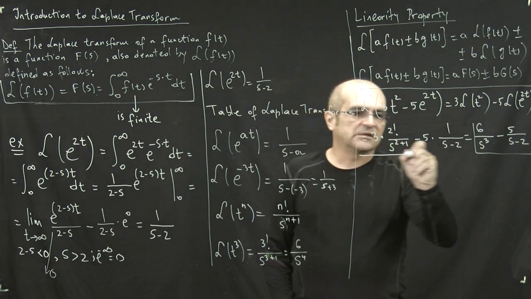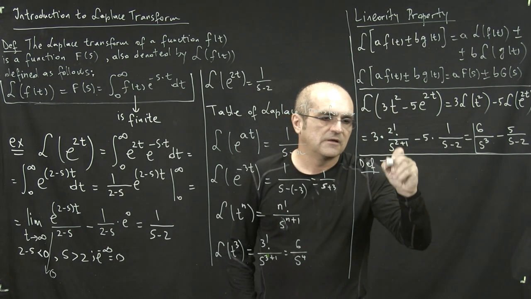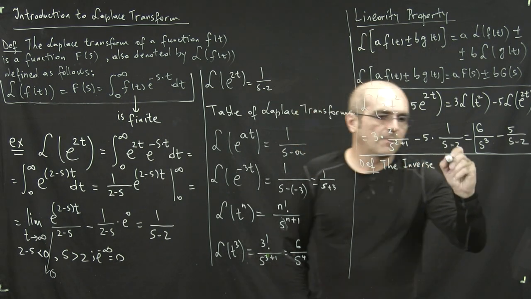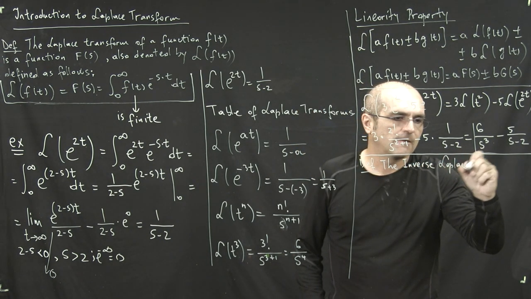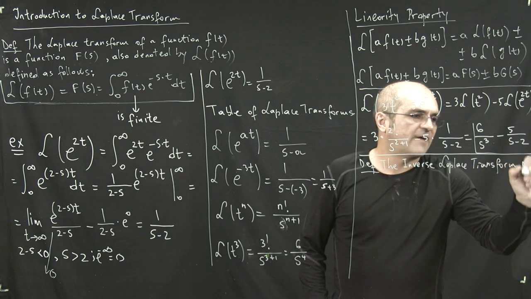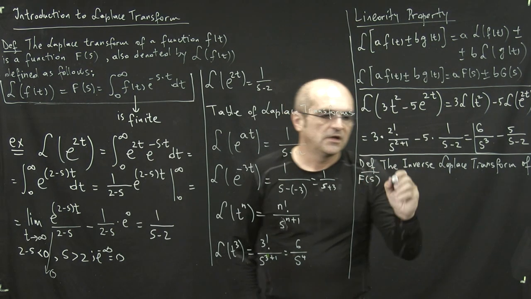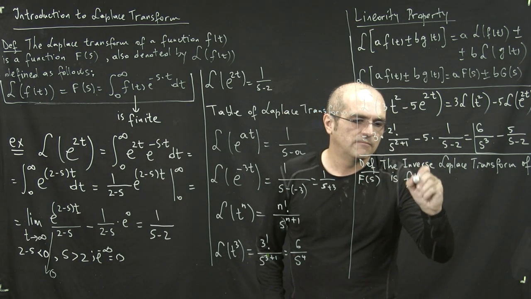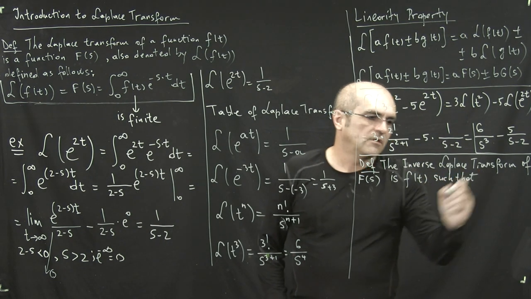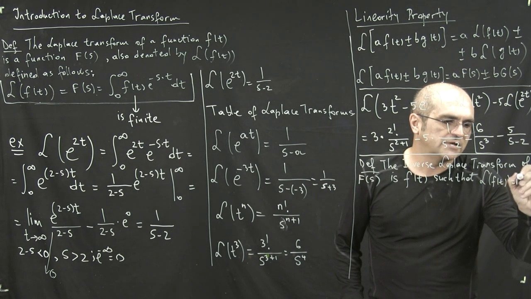So just a little definition here, the inverse Laplace transform of a function big F of S is a function f of t such that, well, L of f of t is big F of S.